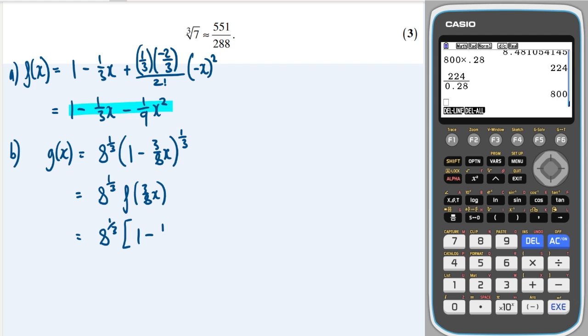So I have 1 minus 1/3 of 3/8 x minus 1/9 of 3/8 x all squared.